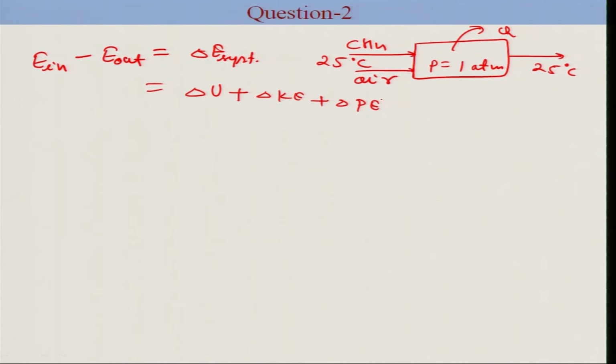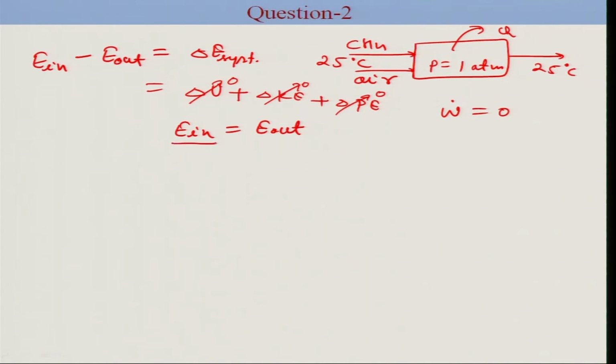And we also assume that change in kinetic energy is 0, potential energy is 0, and since temperature is constant, this delta U will also be 0. That means energy in will be equal to energy out. Since there is no shaft work, W dot will be 0.